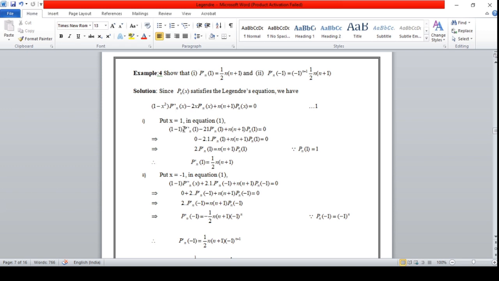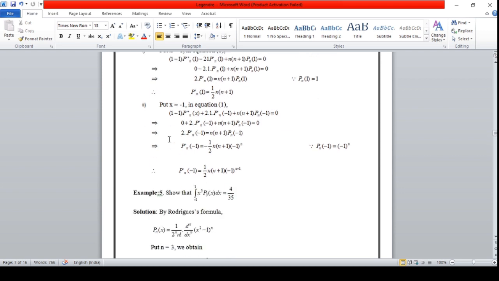Then 1 minus 1 is 0, so the left hand side is 0 and the right hand side is minus 2 into 1 into P dash n(1) plus n into n plus 1 Pn(1) is equal to 0. Pn(1) is 1, and on changing sides, P dash n(1) is equal to 1 upon 2 n into n plus 1, and same proof here.